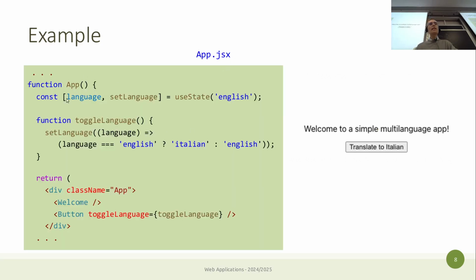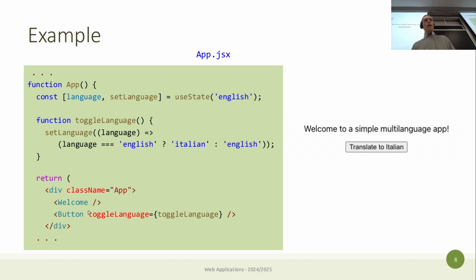So this is App. There's a useState. This is a traditional useState, the state that we saw until last time. No difference. There's a function that changes the state because it uses the set state function, setLanguage, returned by the useState.